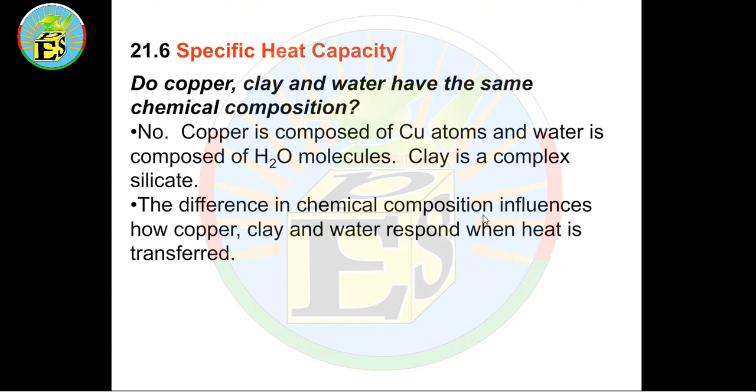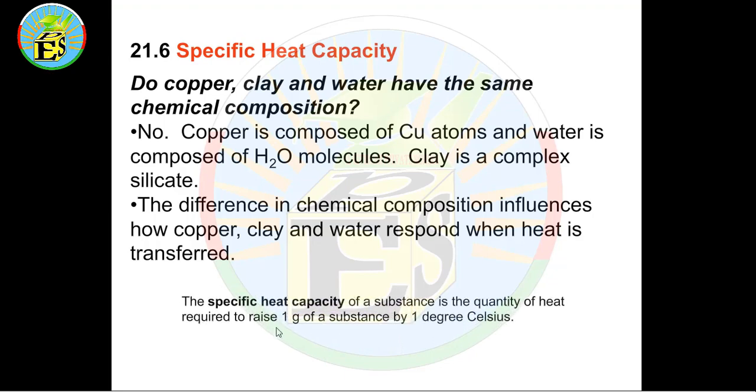The difference in chemical composition influences how copper, clay, and water respond when heat is transferred. So, the specific heat capacity of a substance is the quantity of heat required to raise 1 gram of a substance by 1 degree Celsius. It means not all matter has the same heat capacity, because it is a property of the matter, and not all matter has the same composition.